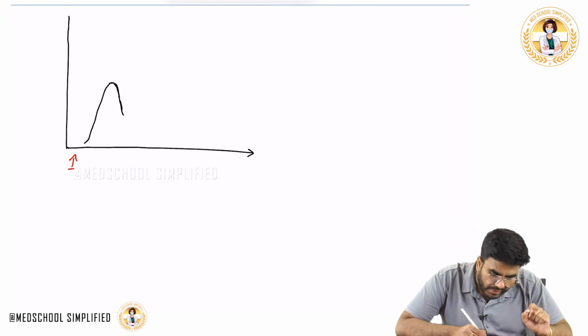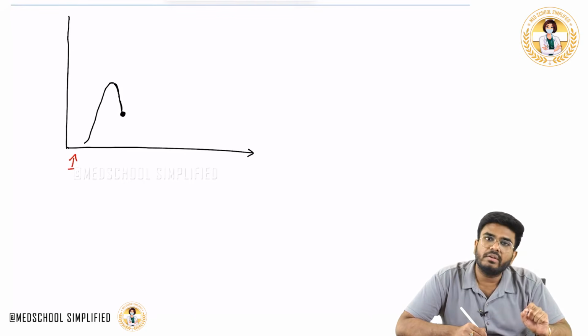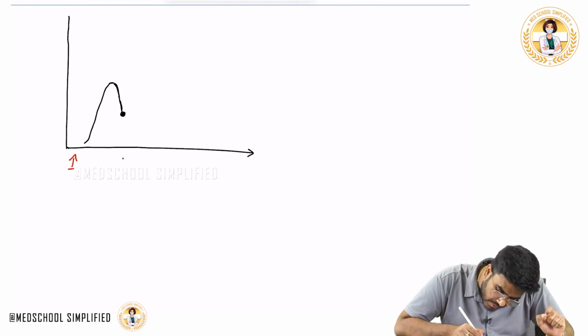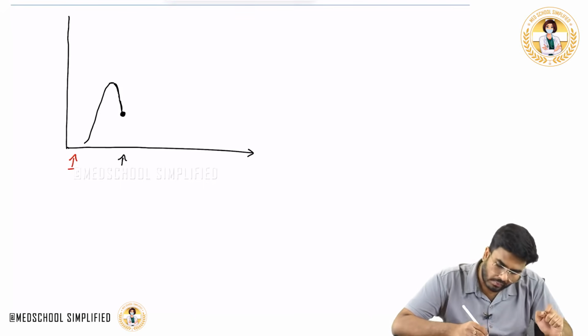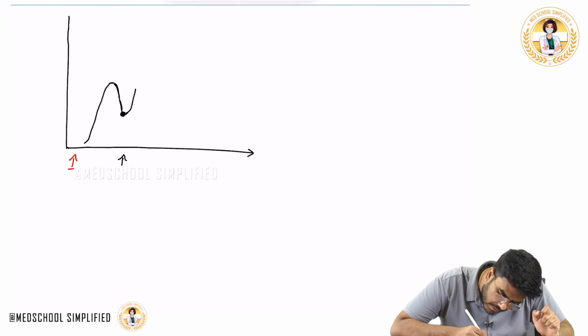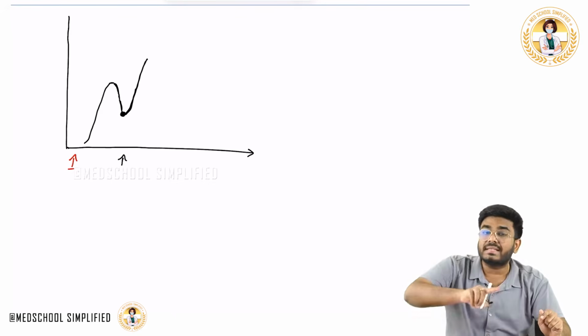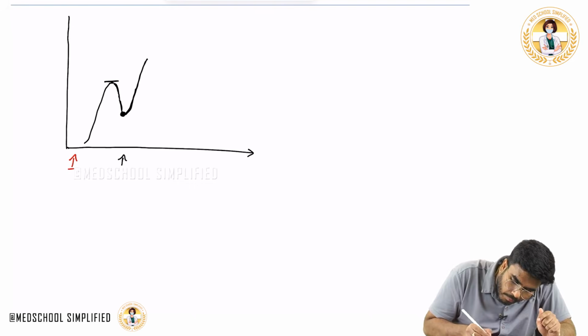While the muscle is getting relaxed, you have stimulated it again. You gave a stimulus here. Now what happens? One more contraction. You know, the second contraction is going to be more powerful.